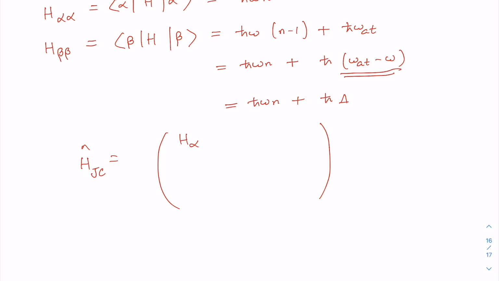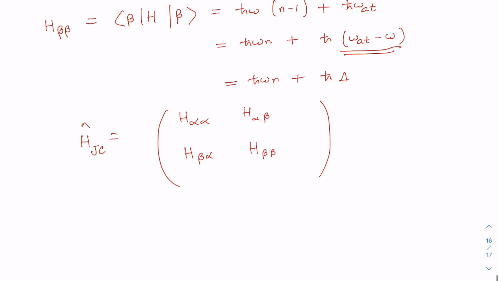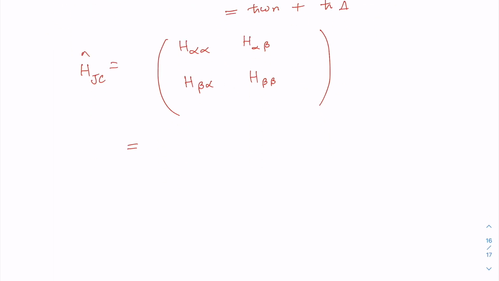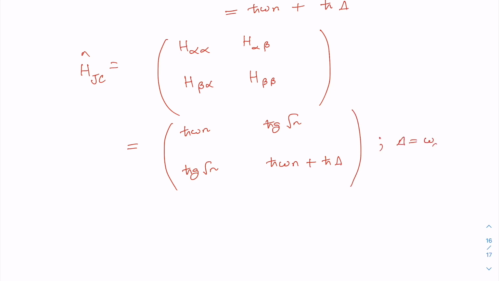We have H_αα, H_αβ, H_βα, H_ββ. As I have worked out all the elements, let me write it down. That would be ħωn, ħg√n, these are the coupling terms, ħg√n, and ħωn plus ħΔ, where Δ is equal to ω_atom minus ω.